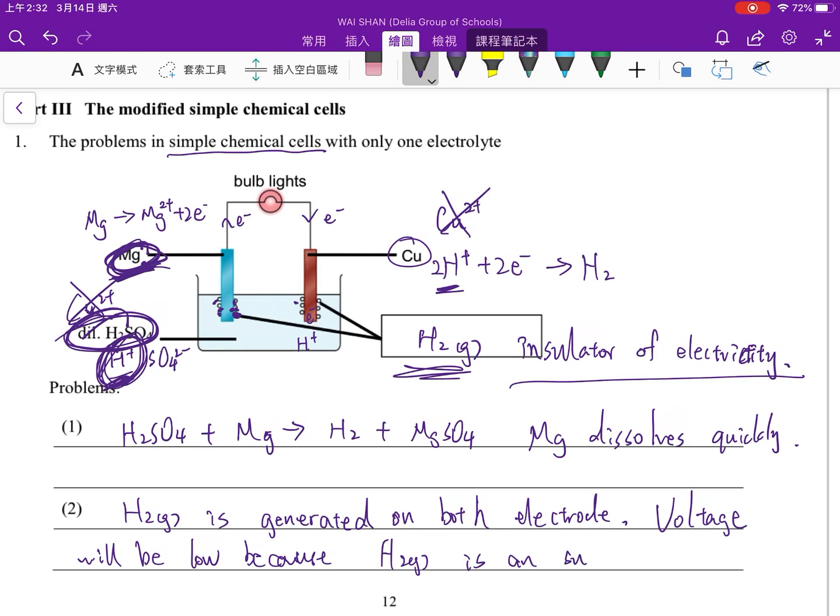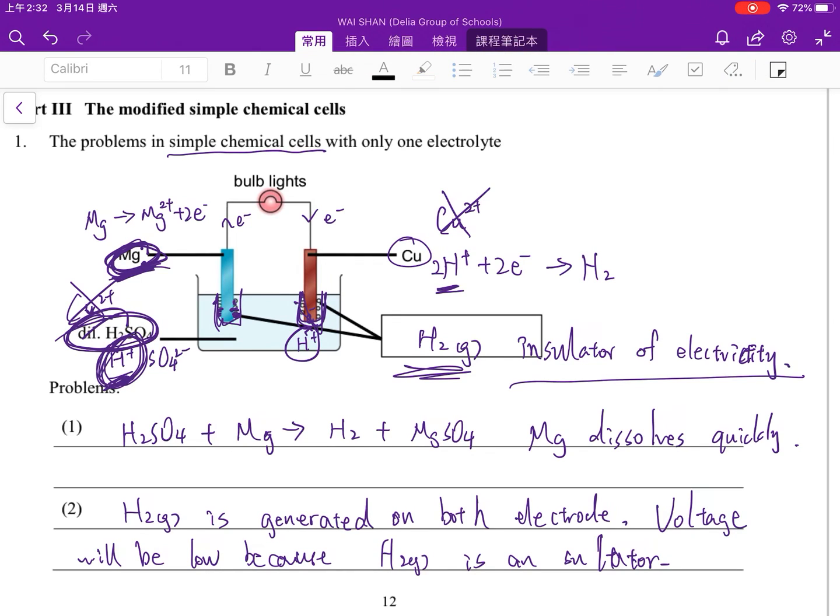The hydrogen gas surrounding the electrode will prevent the ions from being attracted to the electrode. So the voltage will be very low. Okay, that's why we said it's not a good battery.